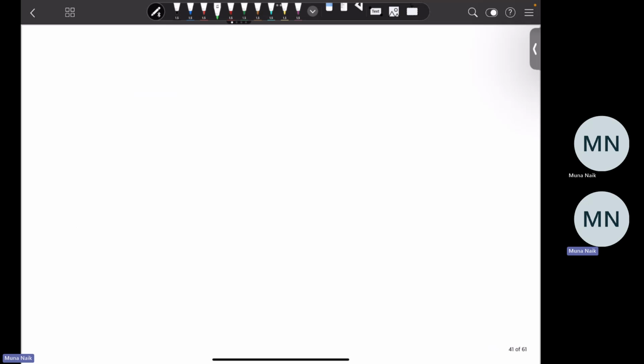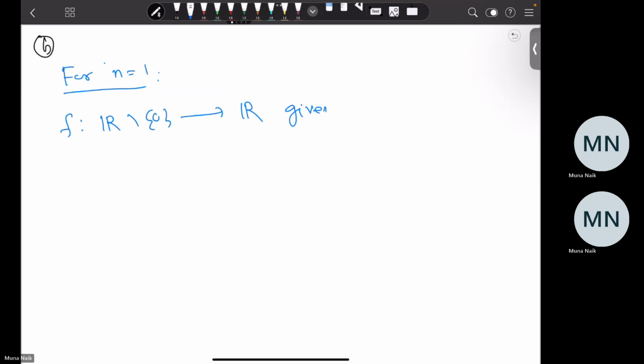So the idea for n equal to 1: you have to prove that, with the map from R minus 0 to R given by f(x) equal to 1 by x, the claim is that f is continuous at a.